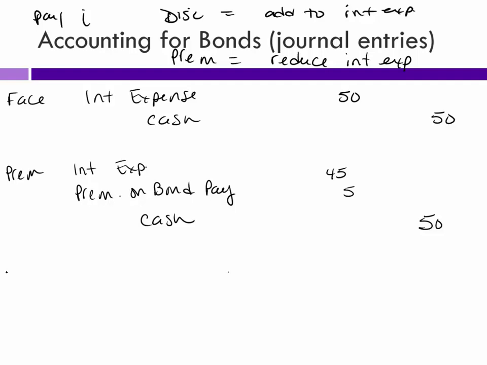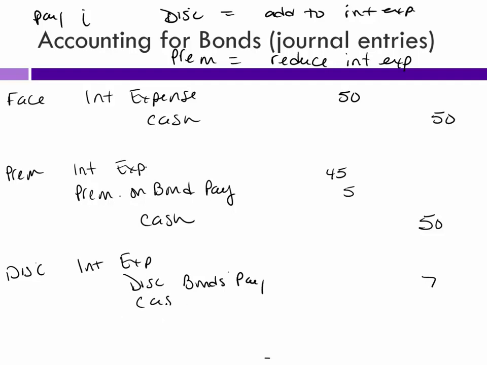It's the opposite if I issued this at a discount. Then my interest expense is actually going to be higher than the cash I'm paying out, because I'm going to take that discount that was initially a debit and credit part of that. And I'm going to do this every single payment on bonds payable. So let's say that was $7, but I still have to pay whoever has the bond.